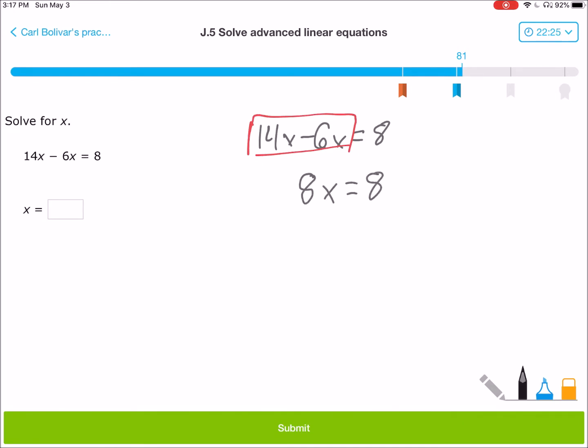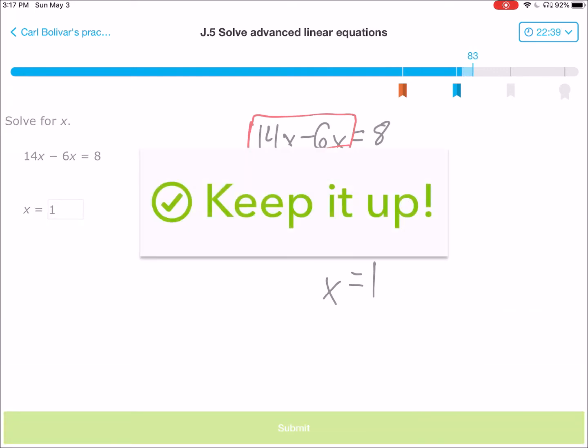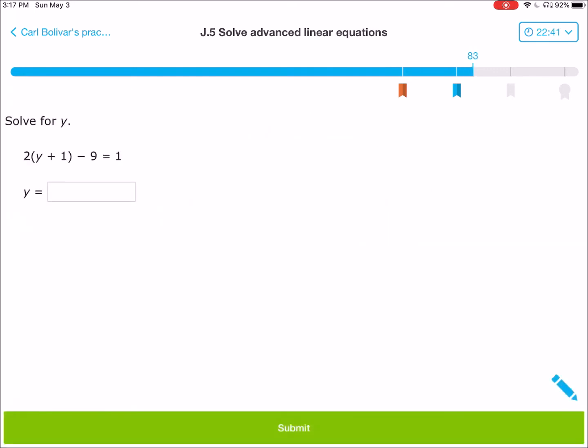That's what we're left with. Now let's divide each side by 8 to take out this 8. And what we're left with is x is equal to 1. So our answer is 1.